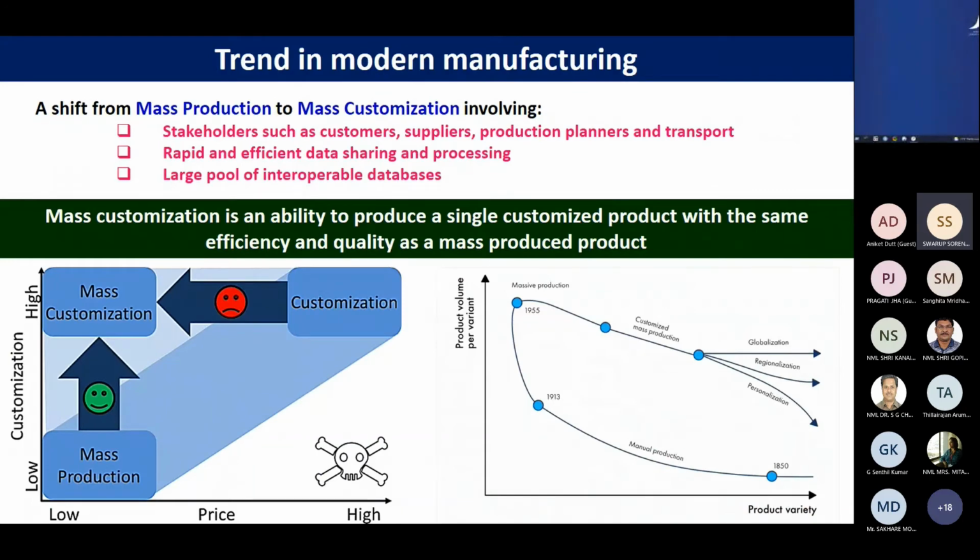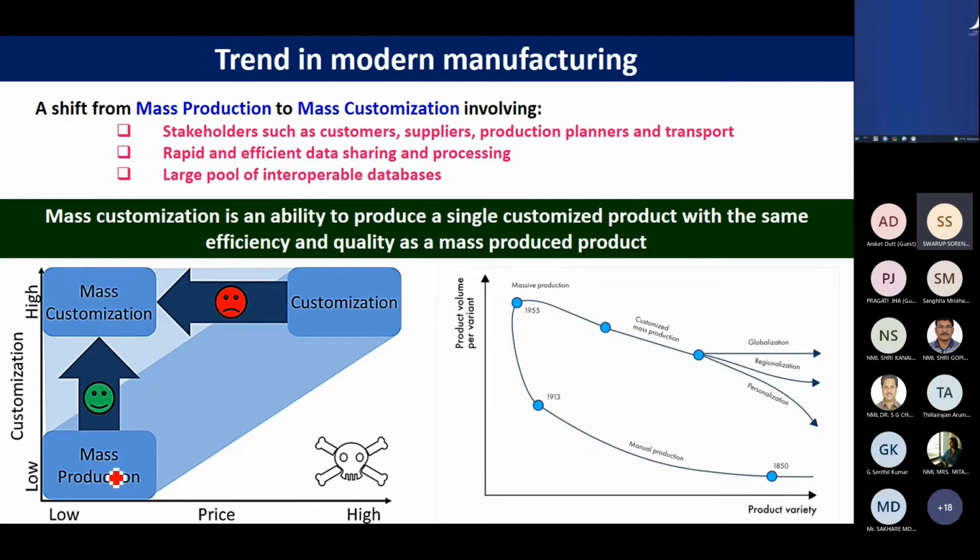And onto that, we are now going into the modern manufacturing era, where earlier we used to do mass production, where the cost as well as the customization of the material was low. Customization means according to our choice. So initially in mass production, we did not get the product according to our choice, but the price was low.